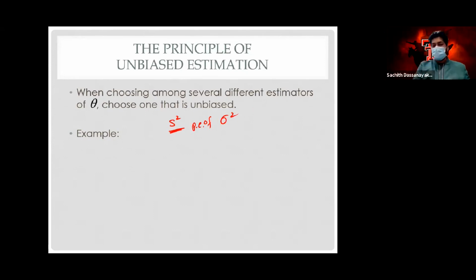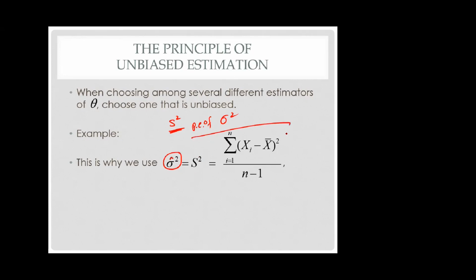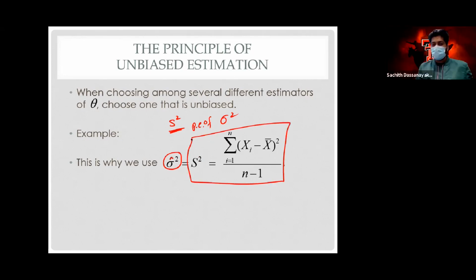I'll show you this is biased, but still we use it. That's why we use sigma squared hat. So what is s squared? This is the definition: sigma squared hat is the summation of xi minus x bar squared over n, right?